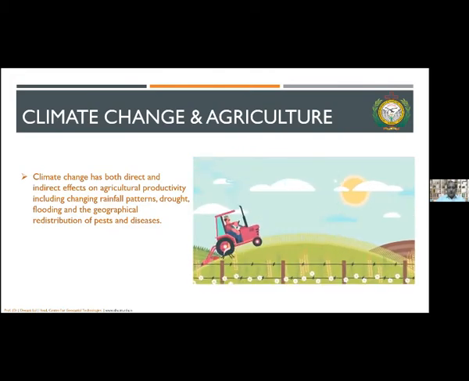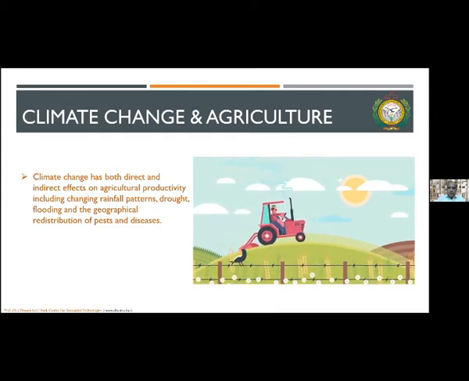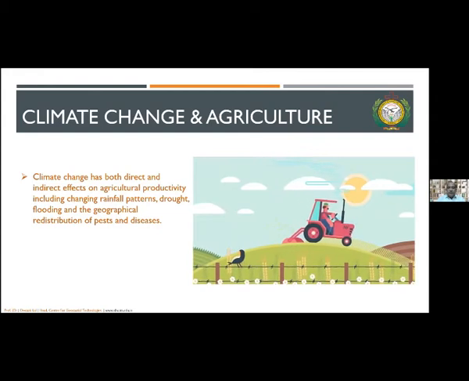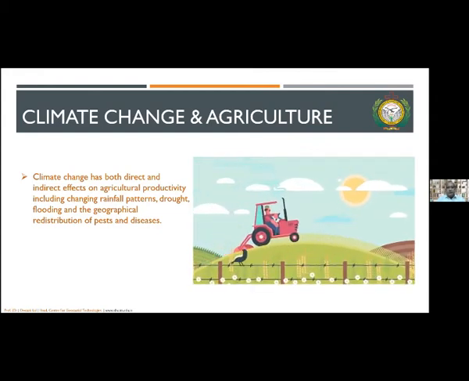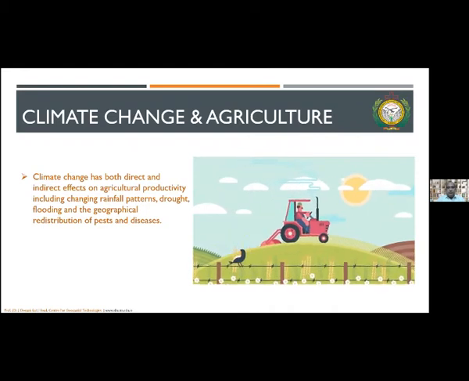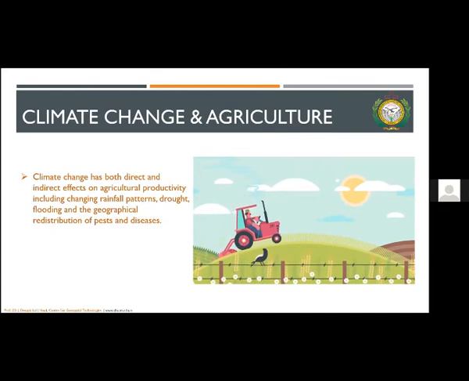Okay, so when climate change is going on and this is happening, we can see uneven distribution of rainfall, and we can see extreme climatic events like drought and flooding, and this is all affecting agriculture productivity.